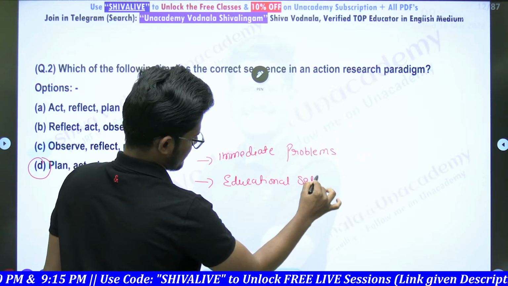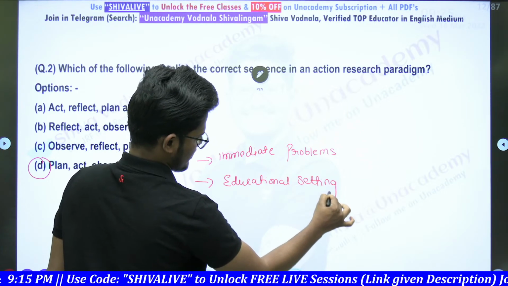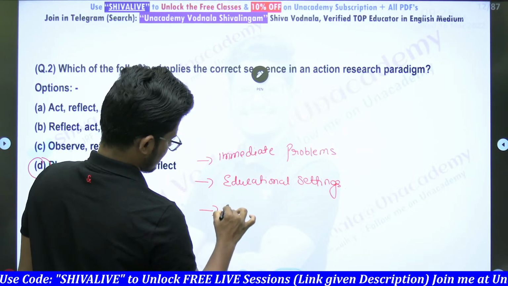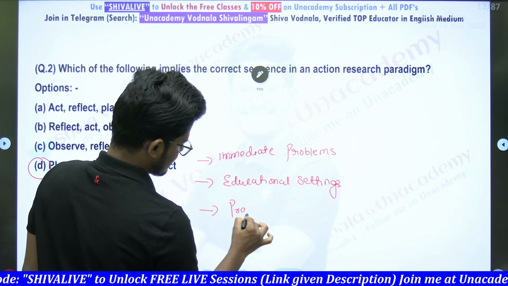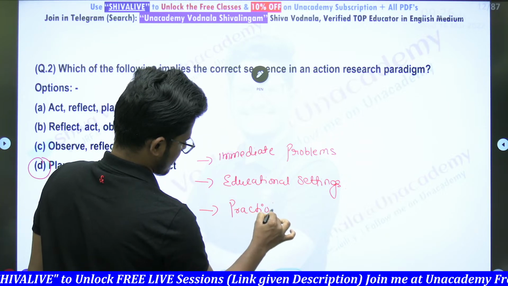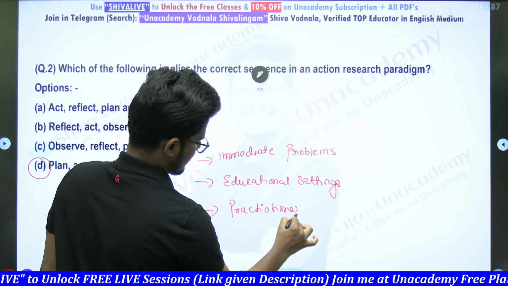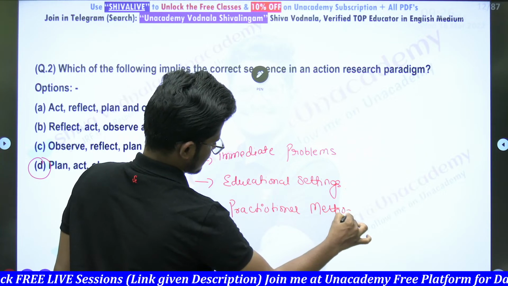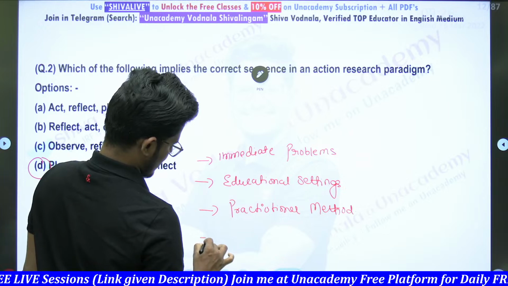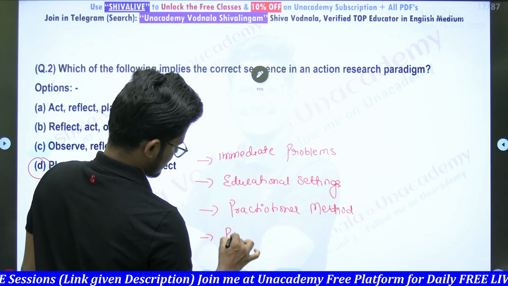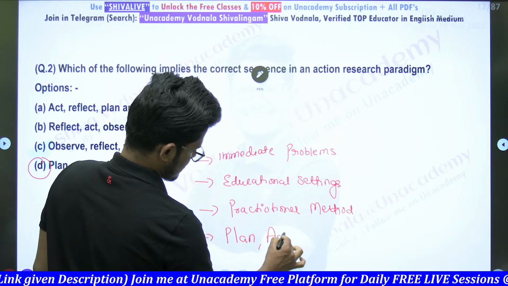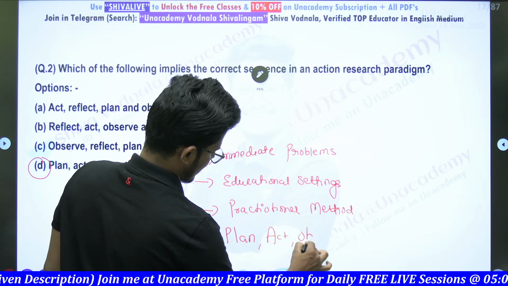Educational or academic settings only, this action research will be used, and this is one of the methods which is a practitioner method, a type of practitioner research. And after that the sequence of this one is plan, act, observe, reflect.